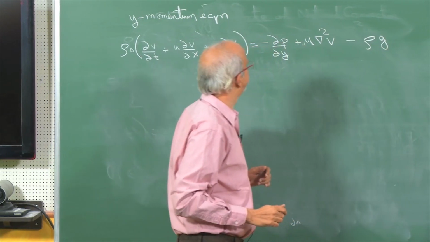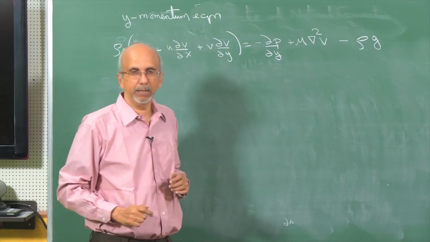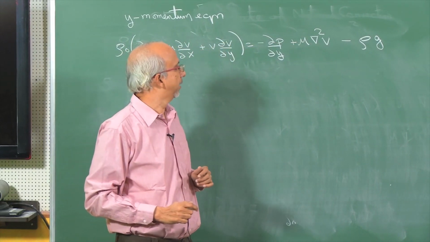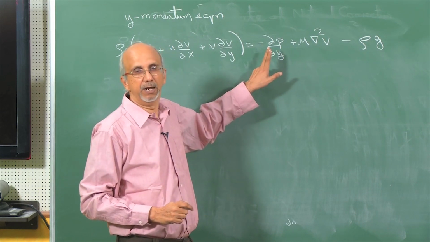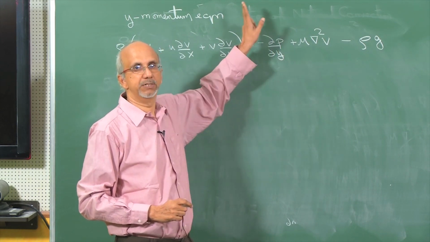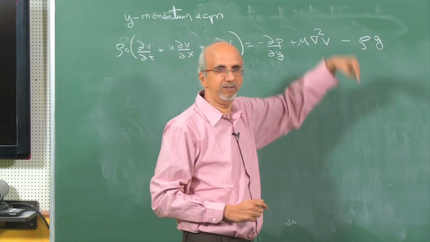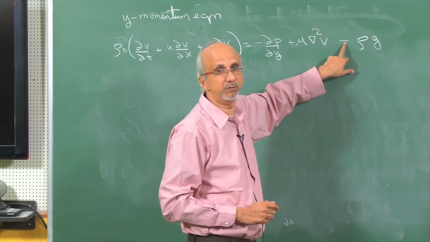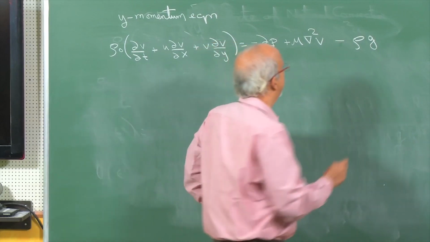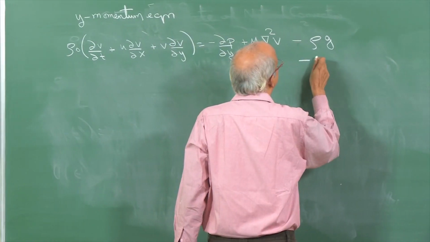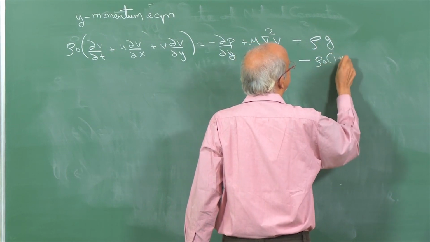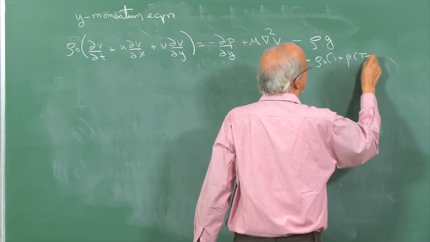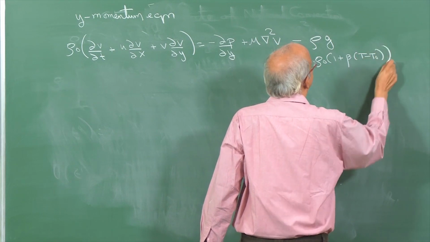And what I would like to do is remind you that the y direction is pointing upwards, and therefore, this body term, gravity being downwards, is associated with a negative sign. And remember, this rho I am going to rewrite as rho naught times 1 plus beta times T minus T 0, times g.